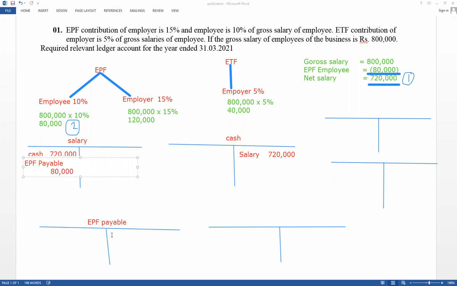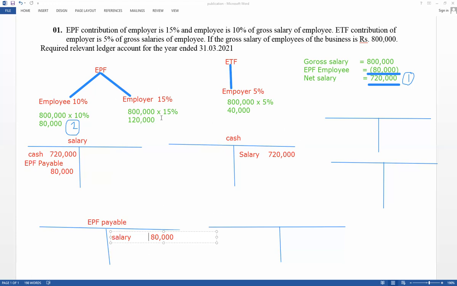EPF payable account credit as salary, value equals 80,000. Think what is the double entry for the contribution of employee. Step number 1, net salary paid in cash. And the second one, contribution of employee, also part of salary: salary account debit, EPF payable account credit.